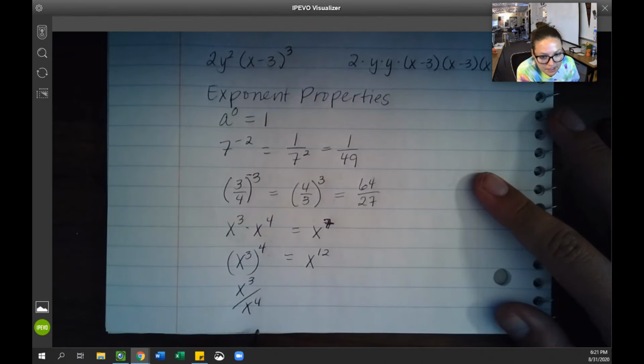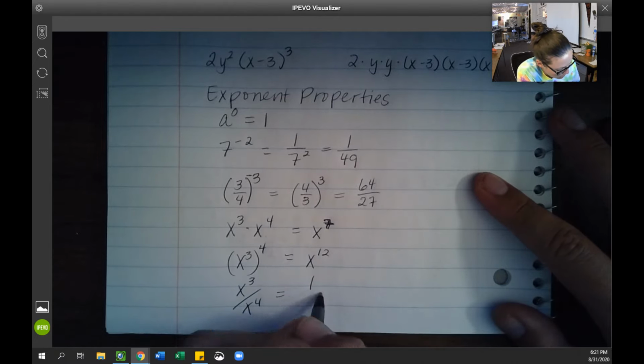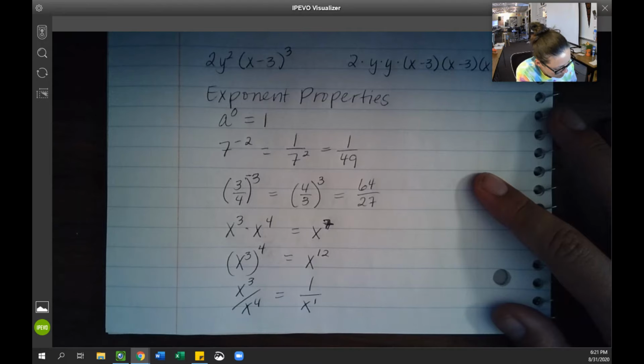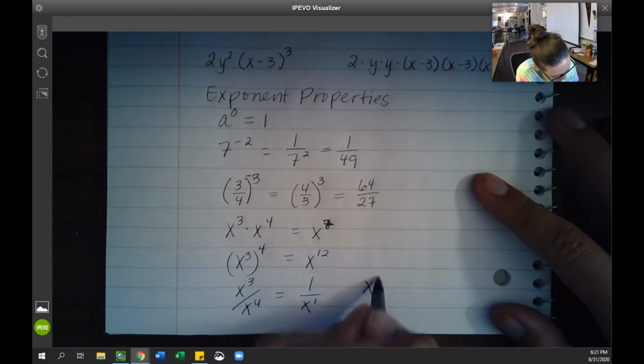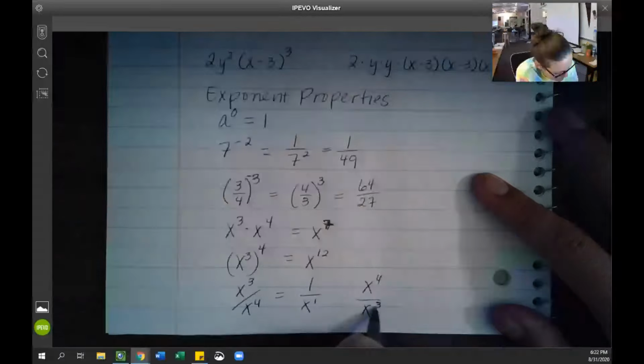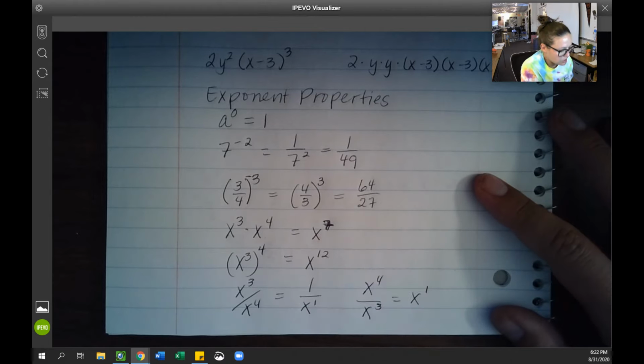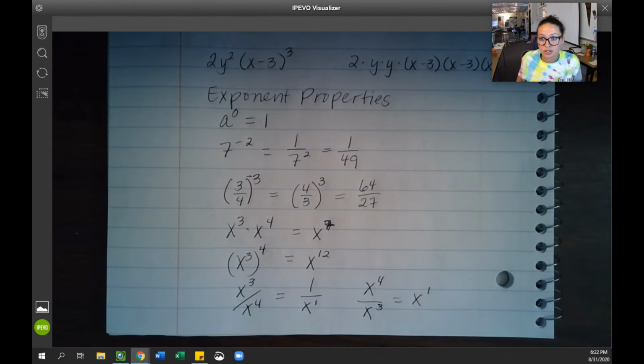And lastly, when I divide the powers, I'm going to subtract the exponents. So this is 1 over x to the 1. Let's say it was the other way around. Let's say I had x to the 4th over x cubed. That would just be x to the 1st. So those are the properties that you need to know for sure moving forward.